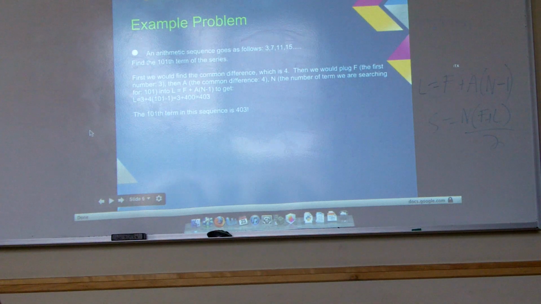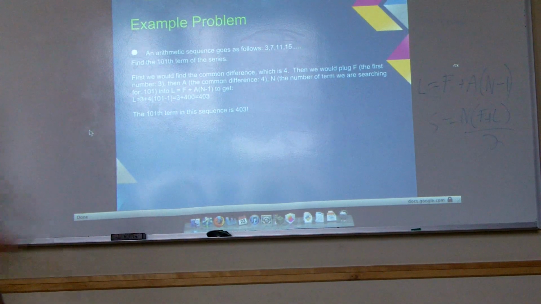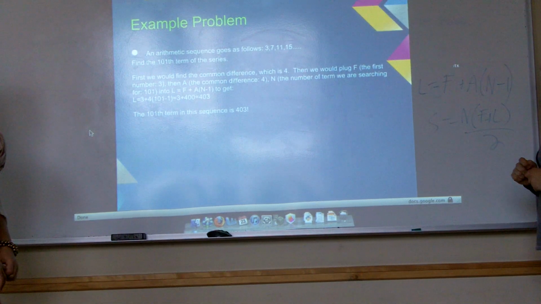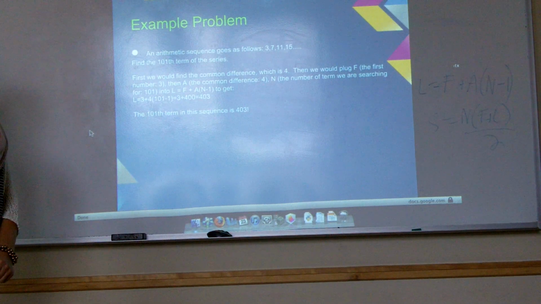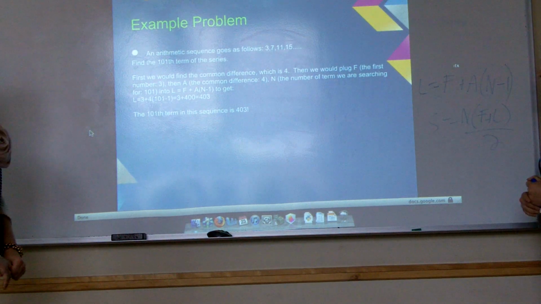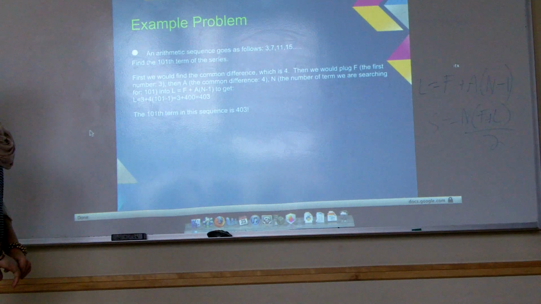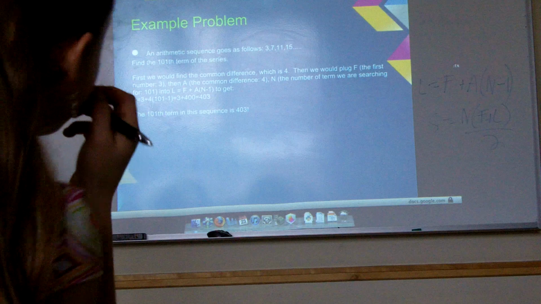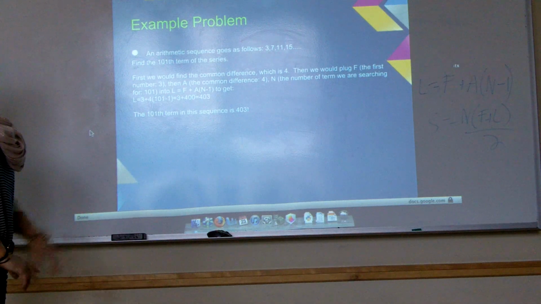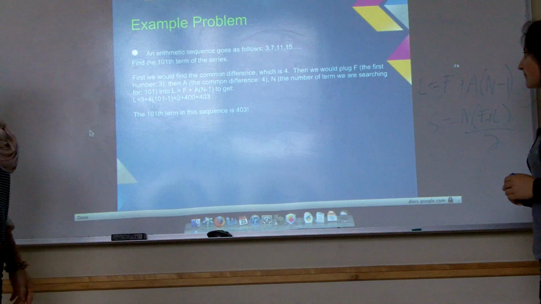This is just a little example problem. The arithmetic sequence goes as follows: 3, 7, 11, 15. So what's the common difference? 4. Nice job. So if you were trying to find the 101st term of the sequence, you find the common difference, which is 4.